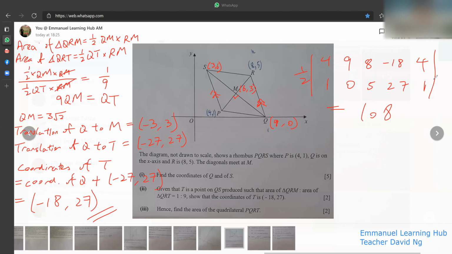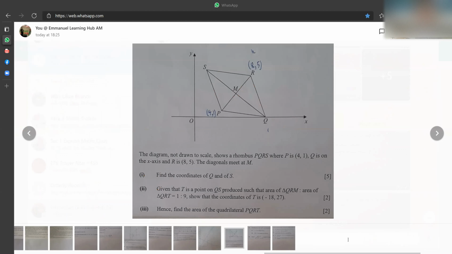Because you have the coordinates, no problem finding the area of the quadrilateral. Any question for question 10? No? I'll move on to the next question.